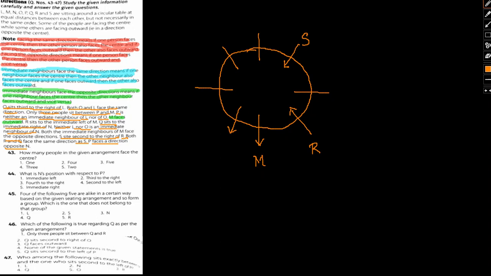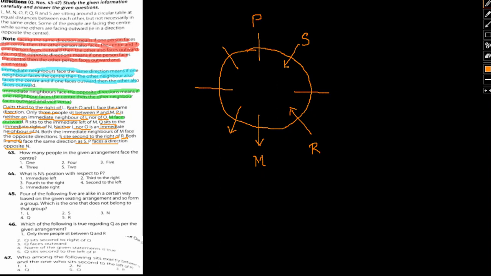So if we talk about P and M, with 3 people between, P has to be this one. Yes, only 3 people sit between P and M. So P will be facing outside, and P faces the direction opposite to N. Okay, we don't know N.